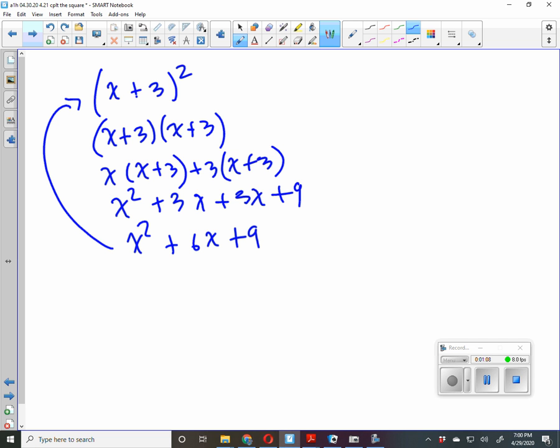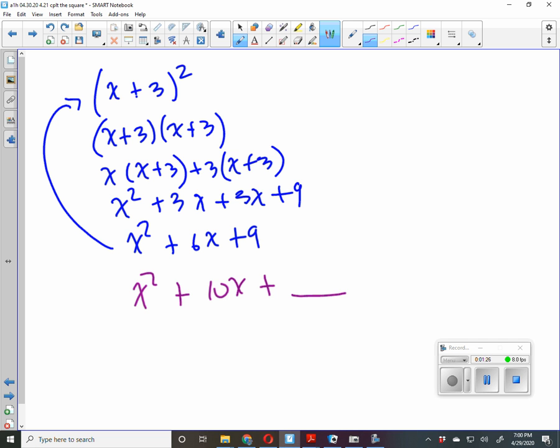So what we want to do is complete the square. What if I have x squared plus 10x plus something? How do I complete that square? How do I make it a perfect square?